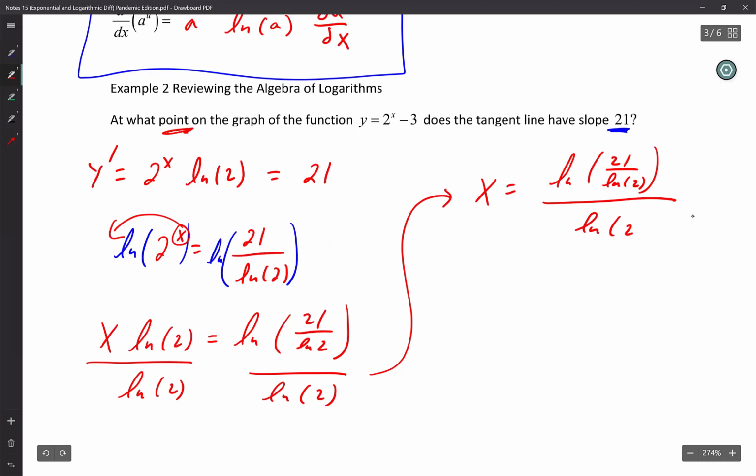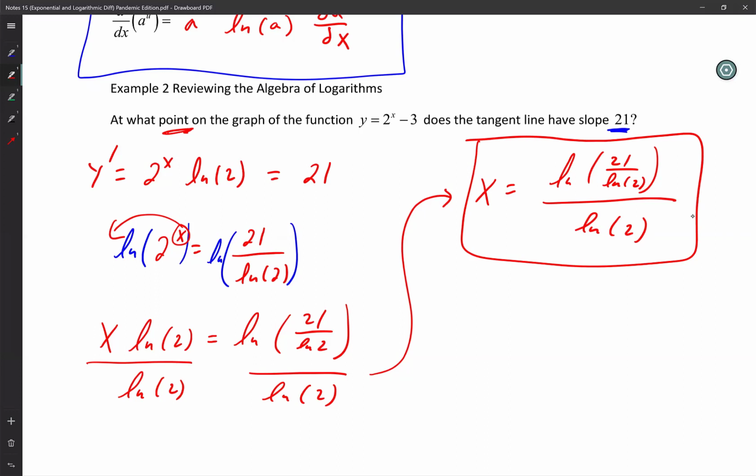The ln of 2 on the inside is inside that argument. And if you were to expand it, it would just be ln of 21 minus ln of 2, and then close parenthesis, minus ln of 2. Yeah, it's going to look ugly. Here it is simplified. Here's my x coordinate. Done. Leave it alone.